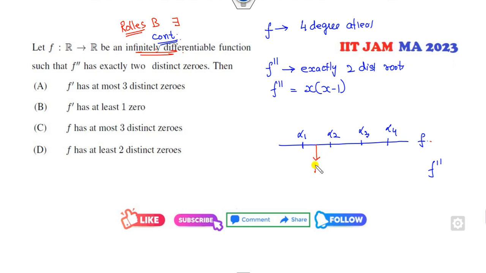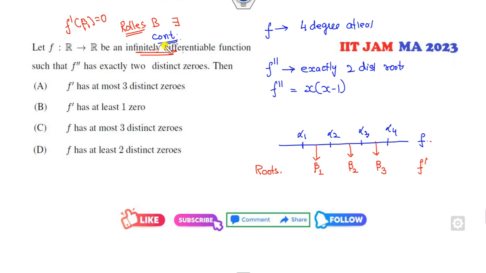That is called, say, beta 1. There exists a root in between them, beta 2. There exists a root in between them, beta 3, such that f dash of beta 1 is 0, f dash of beta 2 is 0, f dash of beta 3 is 0. So that means these are the roots of f dash.